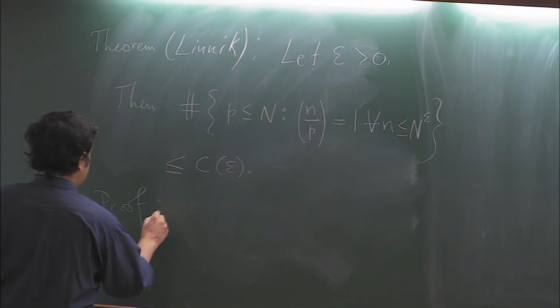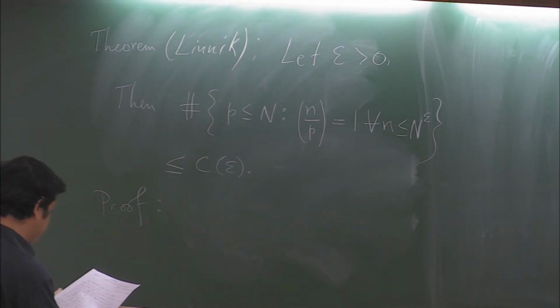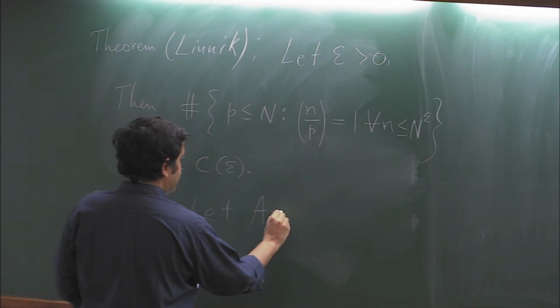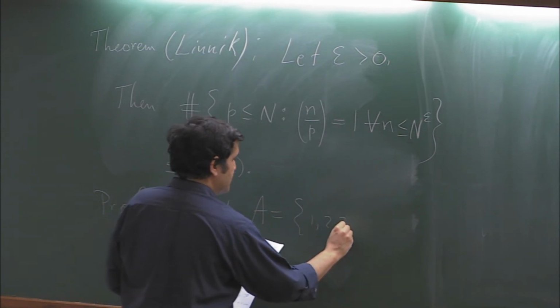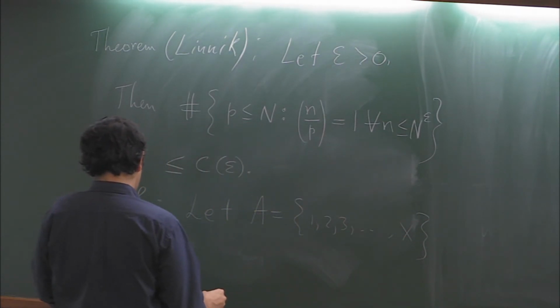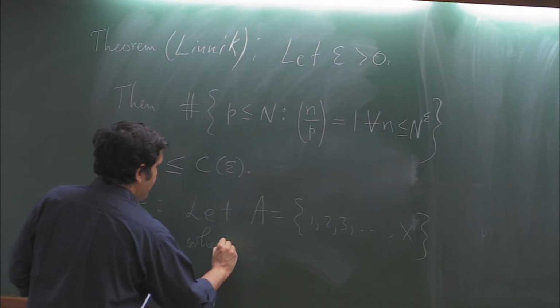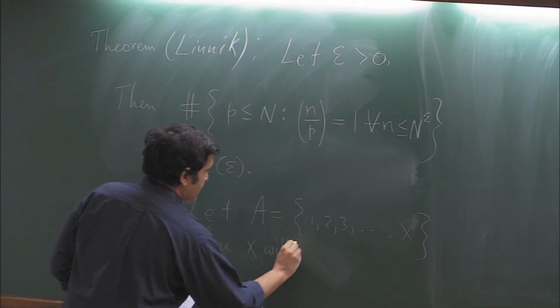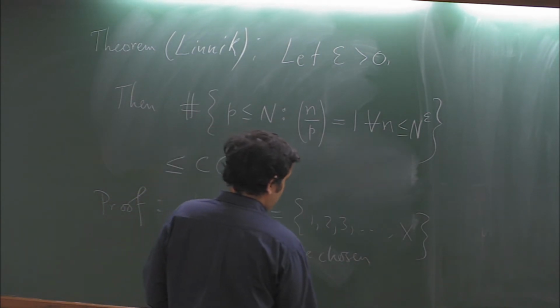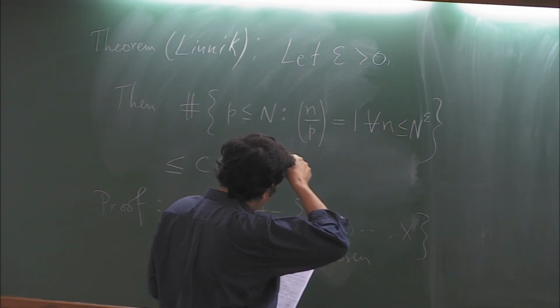So the whole thing is to choose our sets cleverly. So let A be the set 1, 2, 3 up to x, where x will be chosen later. In fact, x will be n square, but anyway.